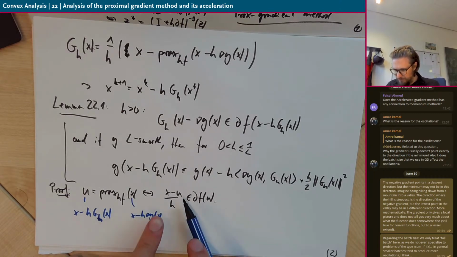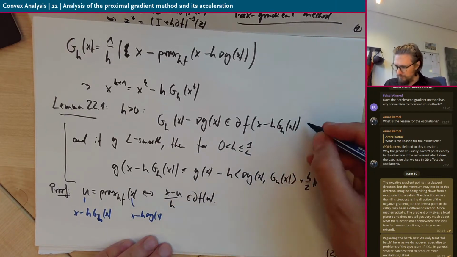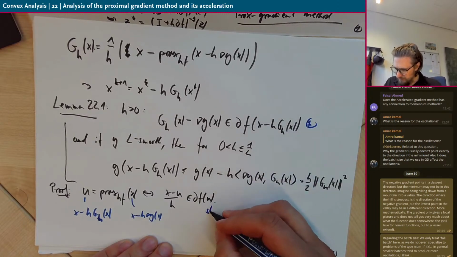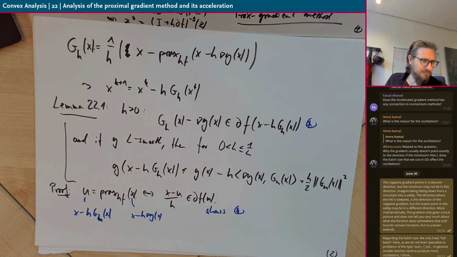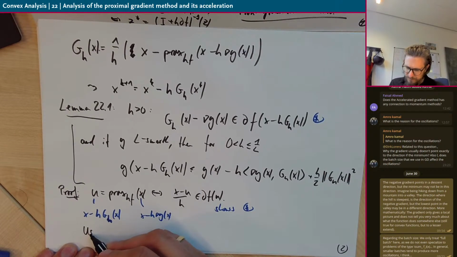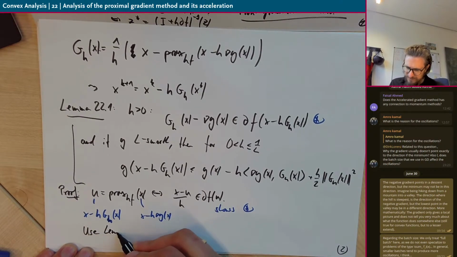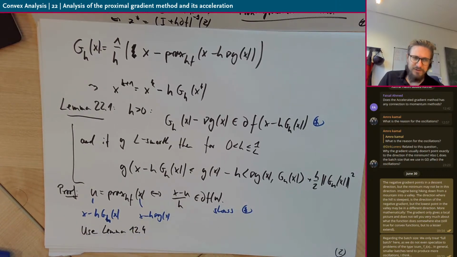If we plug both in here, the x up here cancels, the h cancels, and this is exactly what we wanted. If we call this star, then this shows star. That's already it.